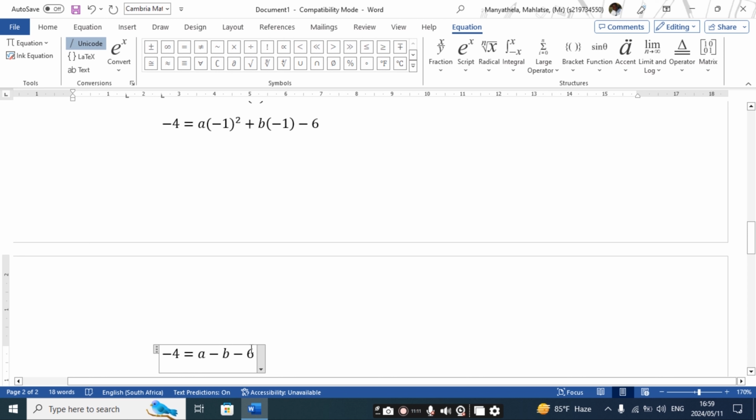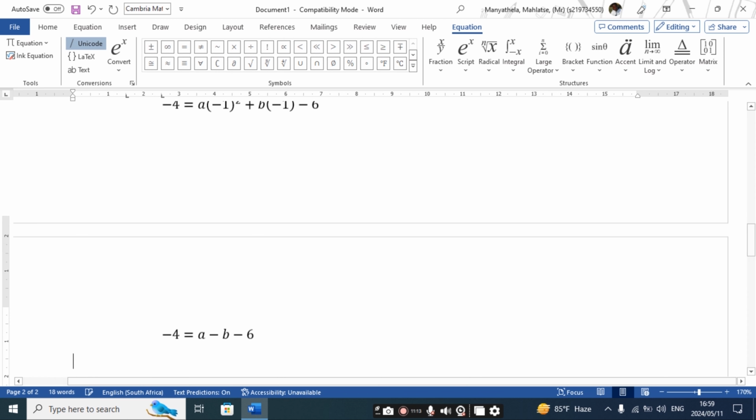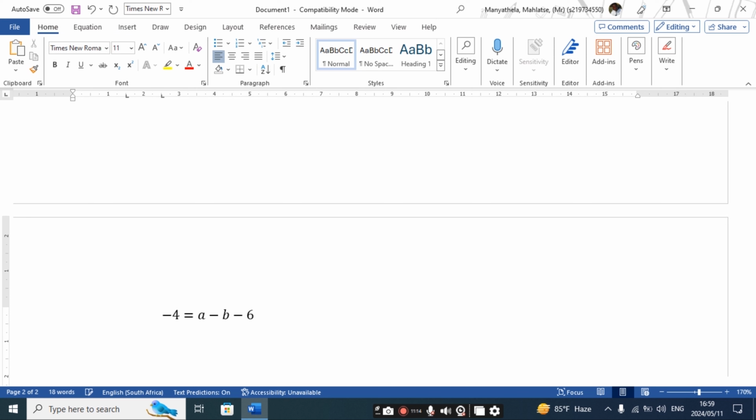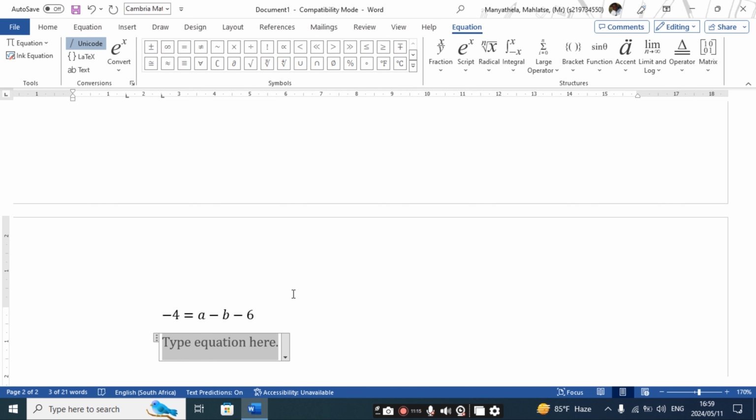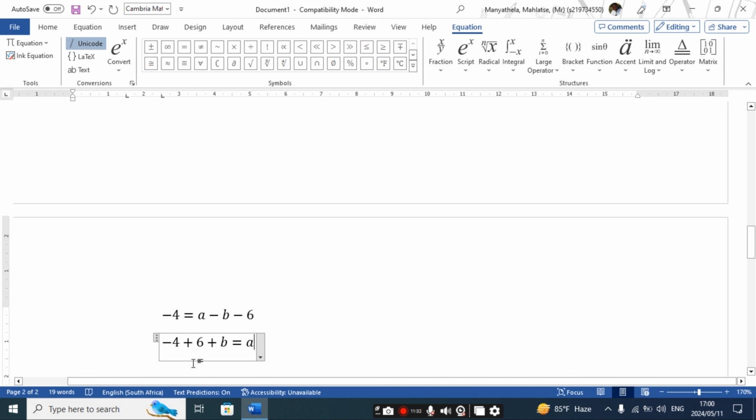Then I take minus b and minus 6 across. So if I take minus b and minus 6 across, I will have -4 plus 6 plus b is equal to a.